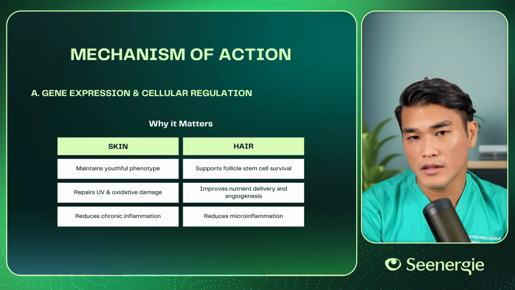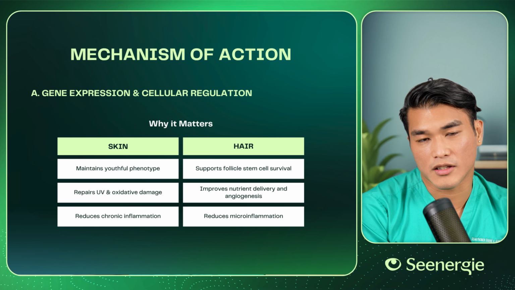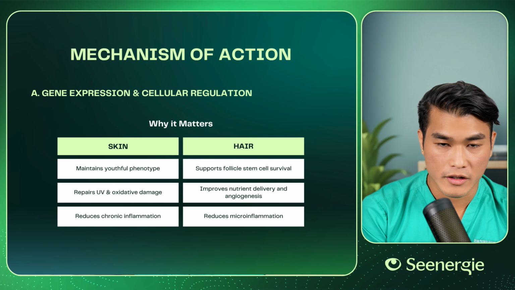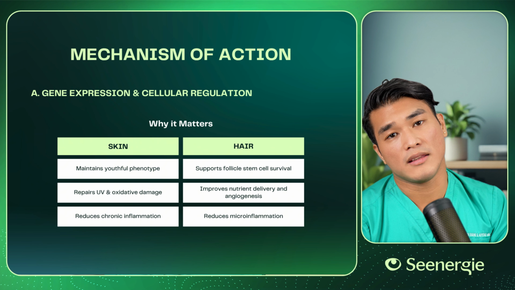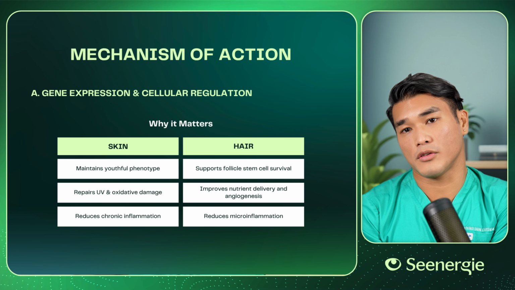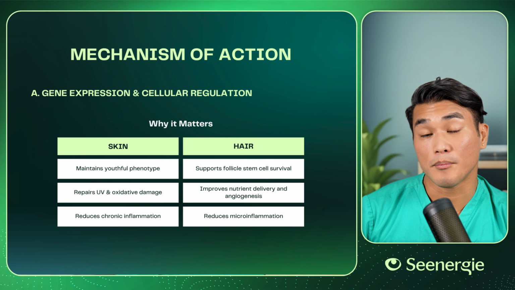And it also reduces the inflammation that contributes to a lot of follicle miniaturization. One of the most notorious causes is DHT, or dihydrotestosterone, which is the main component responsible for male pattern baldness.